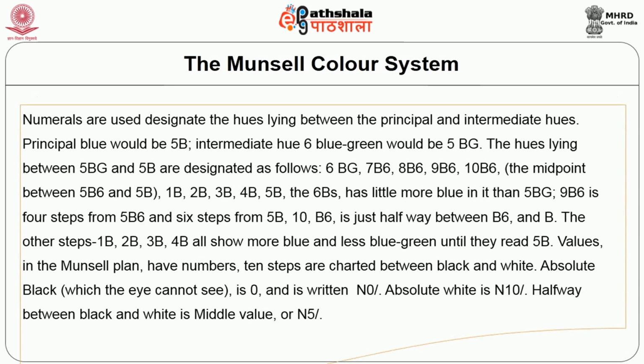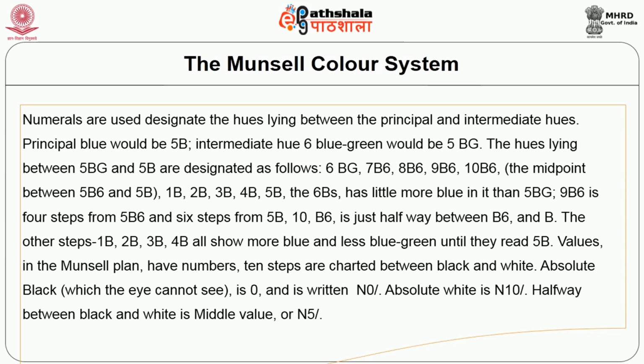Numerals are used to designate the hues lying between the principal and intermediate hues. Principal blue would be 5B, intermediate hue 6 blue-green would be 5BG. The hues lying between 5BG and 5B are designated as follows: 6BG, 7BG, 8BG, 9BG, 10BG.